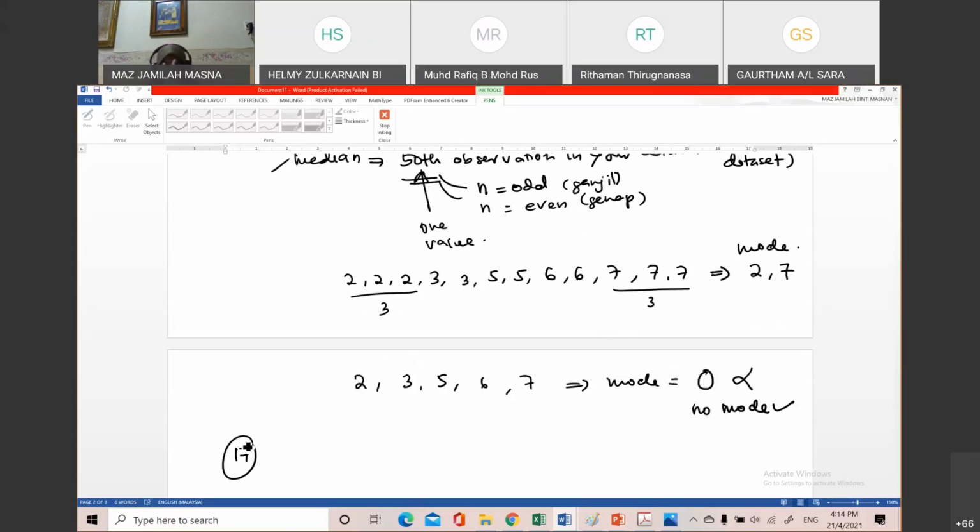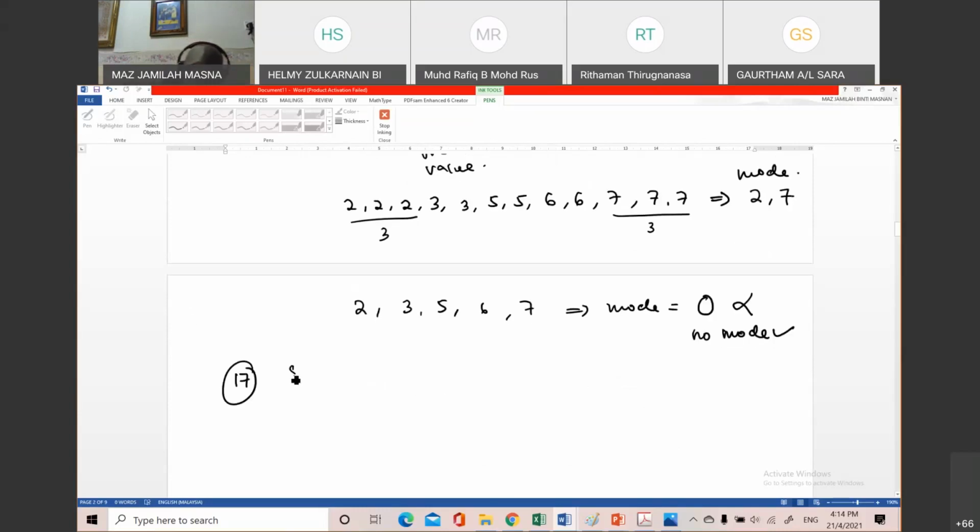So the question asks two things. First, how to use box plot to determine the distribution. What distribution? You can have either symmetric, or we sometimes call it normal, or skewed.